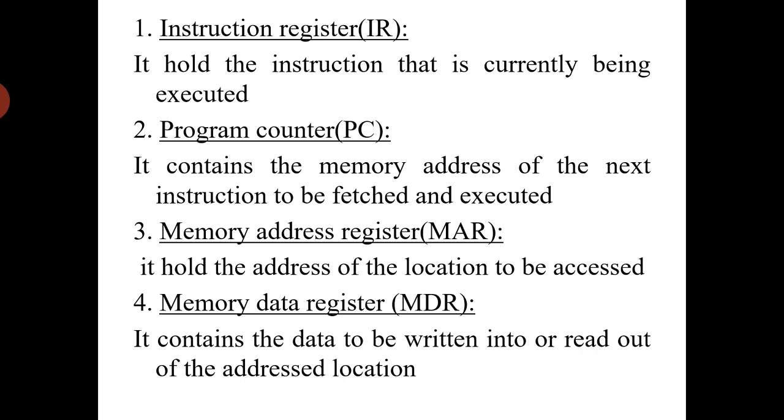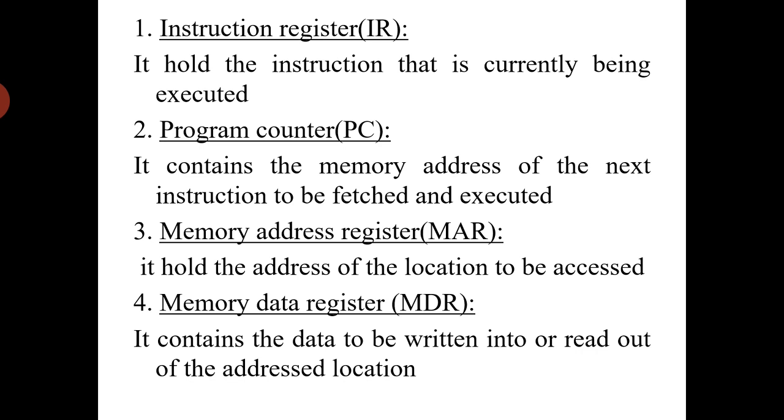So presently whatever instruction is executed in the processor is stored in the instruction register, and its output is available to the control unit, which generates the timing signals that control the various processing elements involved in executing the instruction. So mainly the instruction register holds the instruction that is currently being executed within the processor.